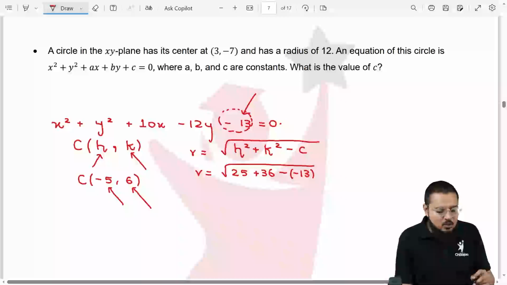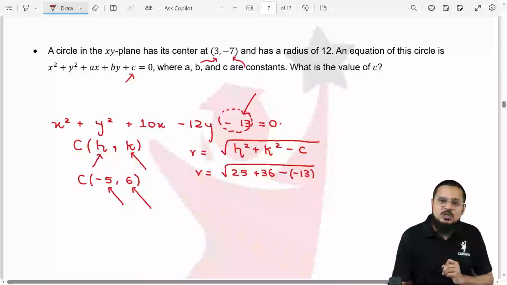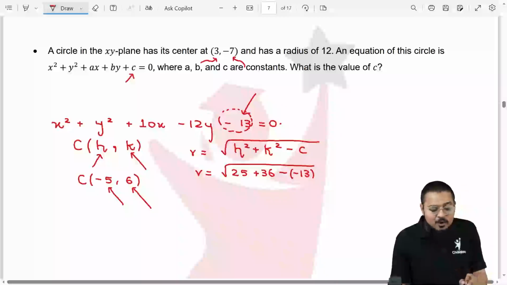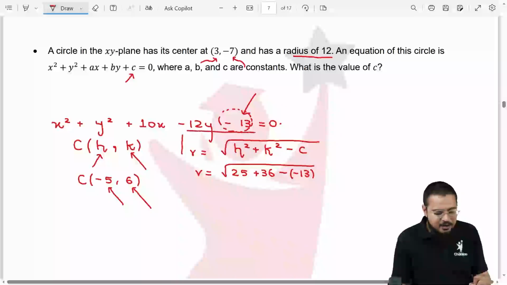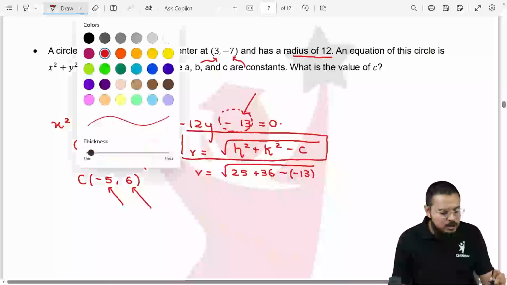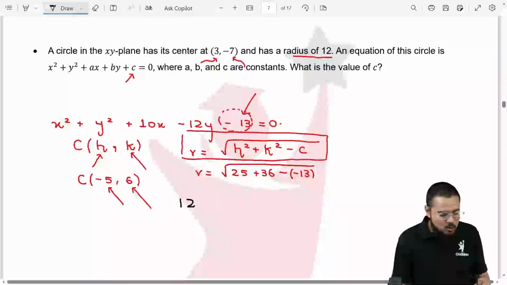For example, in this question, we know what h is, we know what k is, and we want to figure out the value of the constant at the very end. We also know the radius of the circle. So if I use this formula, because I know the value of my radius, 12 equals the square root of, and I know h and k, 3 square, that's 9, and minus 7 square is always 49, minus the constant, that's your c over here, minus c.